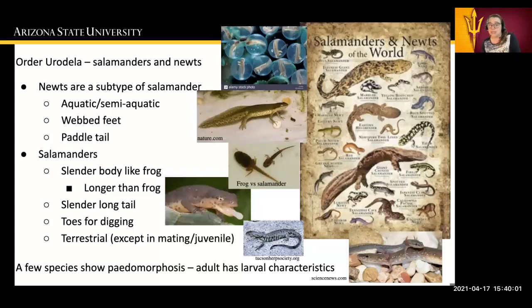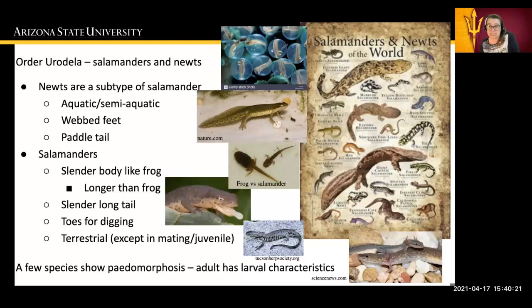Salamanders have a more long, slender body like a frog, but they're longer than frogs. And they have a long, slender tail, unlike the newt. And they have toes, and their toes are used for digging, so they're not webbed. And they are predominantly terrestrial, except when they're mating or in their juvenile stages.